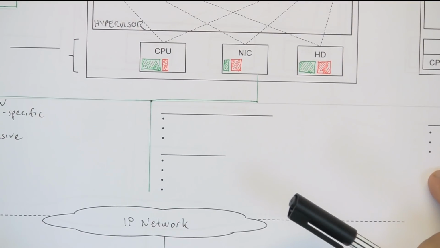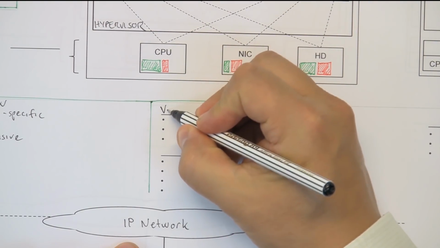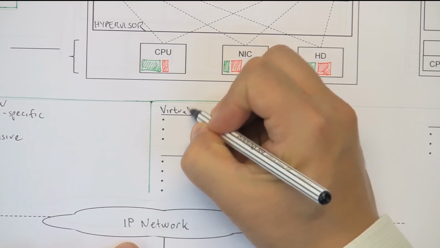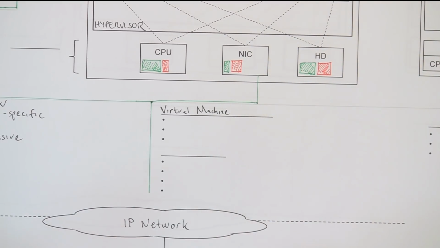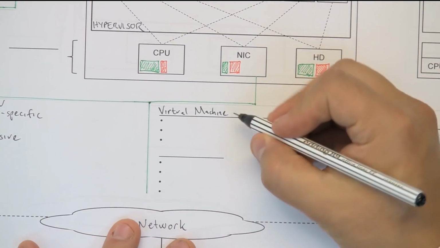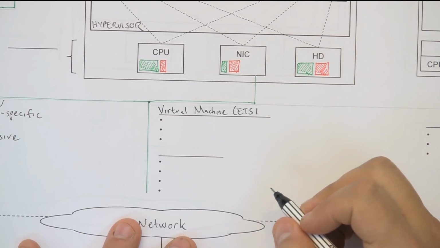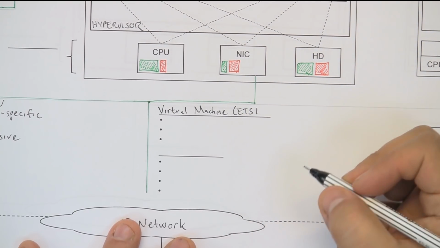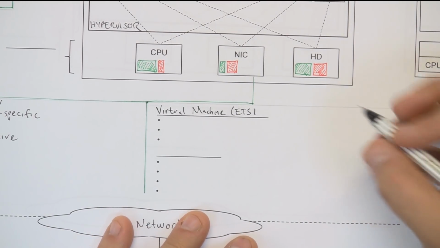And then we can start writing some things about the virtual machine. So first I will just put virtual machine, and since this is an NFV course, and NFV comes from ETSI, we will use the way ETSI describes a virtual machine, which doesn't differ a lot from how others do it, but we just had to make a choice.